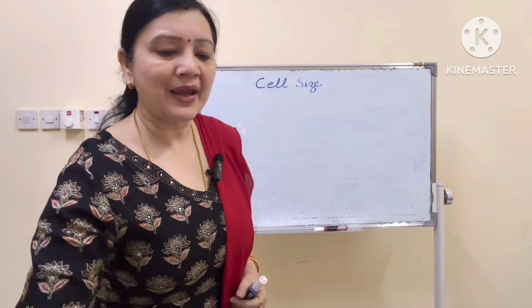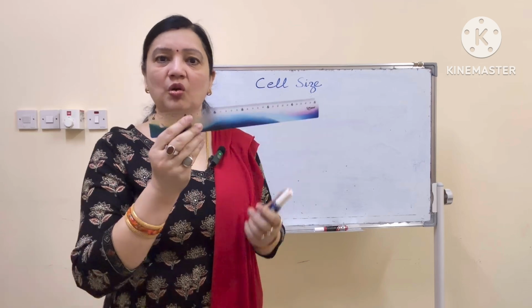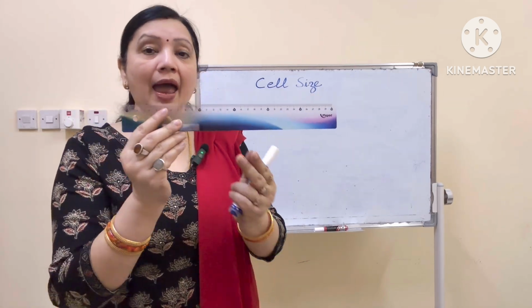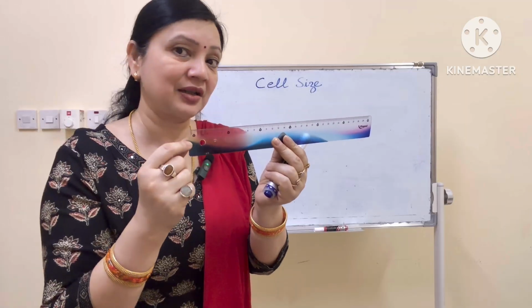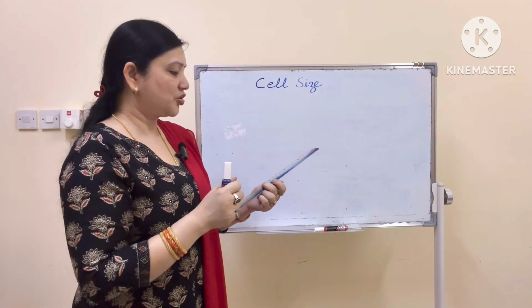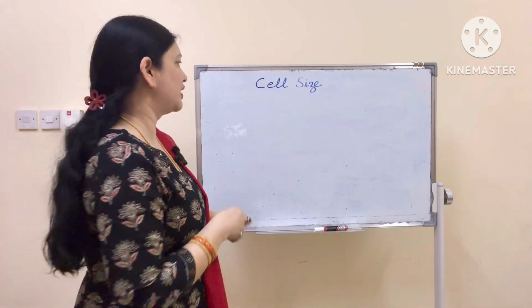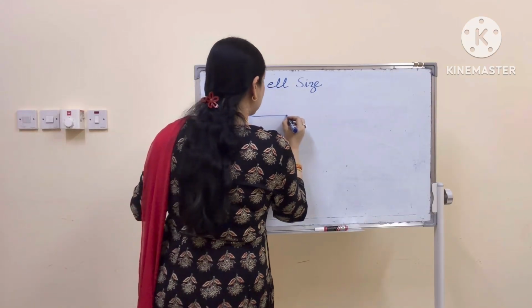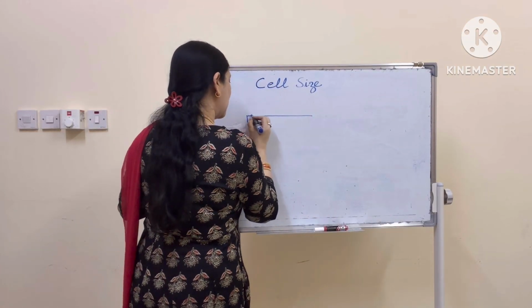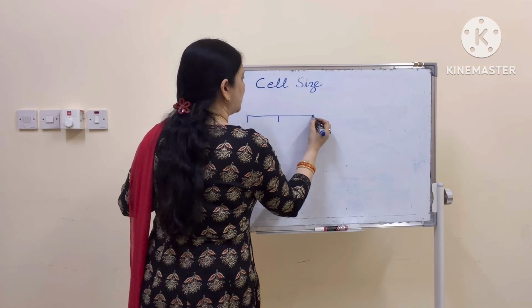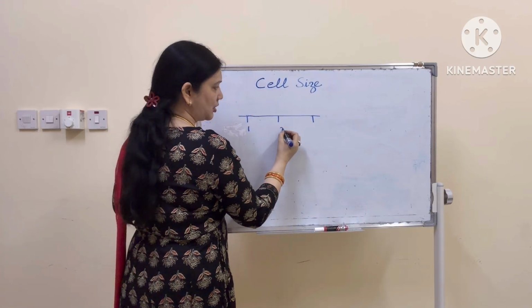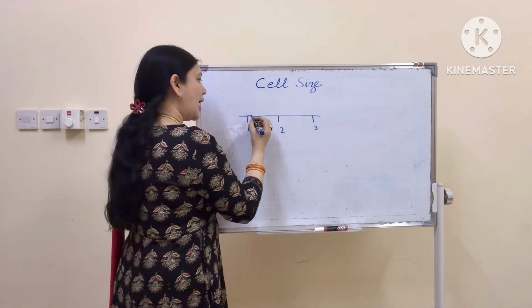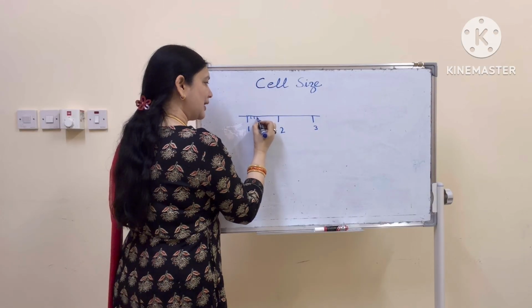So you all must be having this scale with which you draw lines in your notebook, and there is a centimeter side. Can you see the centimeter side in your scale? So if I draw a rough diagram of the scale, maybe this is 1 centimeter, 2 and 3, and in between the centimeter there are markings.